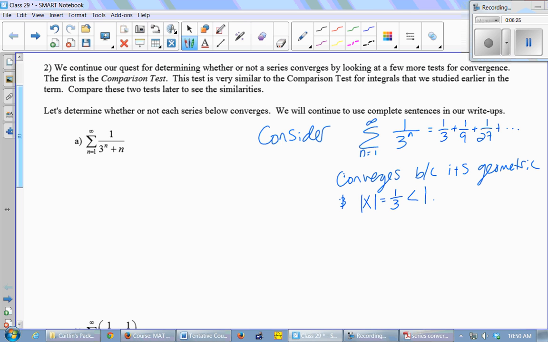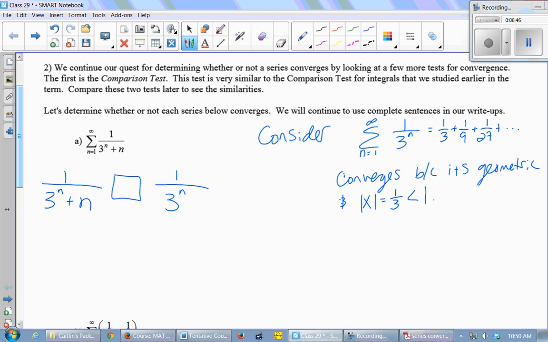Now, if you look at 1/3 to the n plus n, any term in this, no matter what I plug in for n, how does that fraction on the left compare to 1/3 to the n? It's smaller because my denominator is going to be bigger, right?